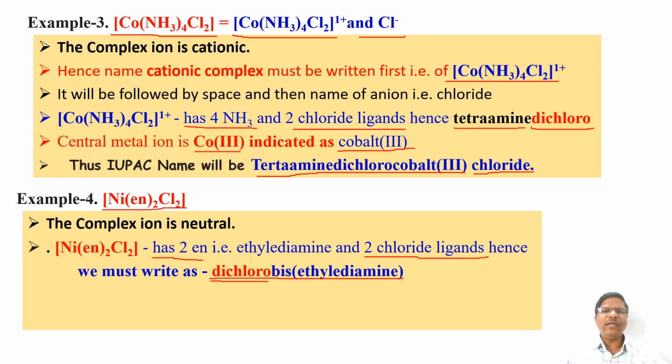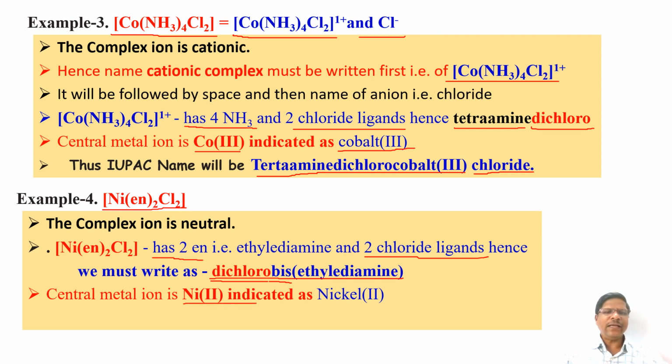There are 2 ethylene diamine, and ethylene diamine is a bidentate, chelating ligand, so we use bis, and the name of ethylene diamine is written in parentheses. So remember very well, ethylene diamine is a bidentate ligand. There are 2 ligands, hence we have bis and the name of the ligand in parentheses or brackets.